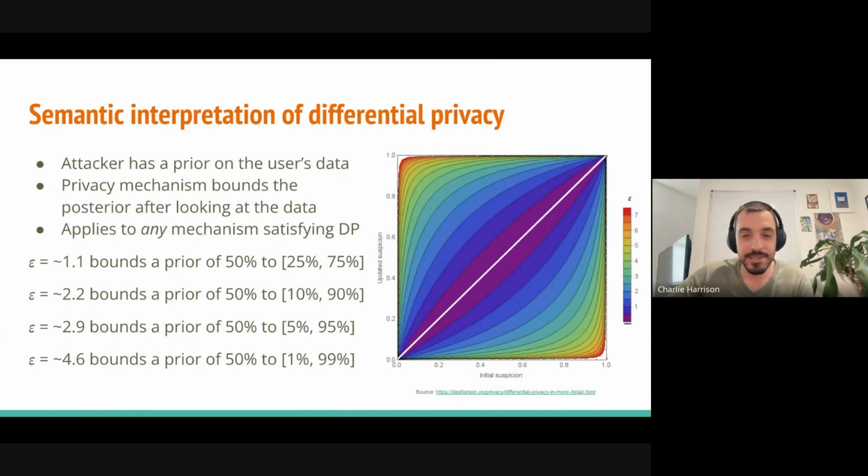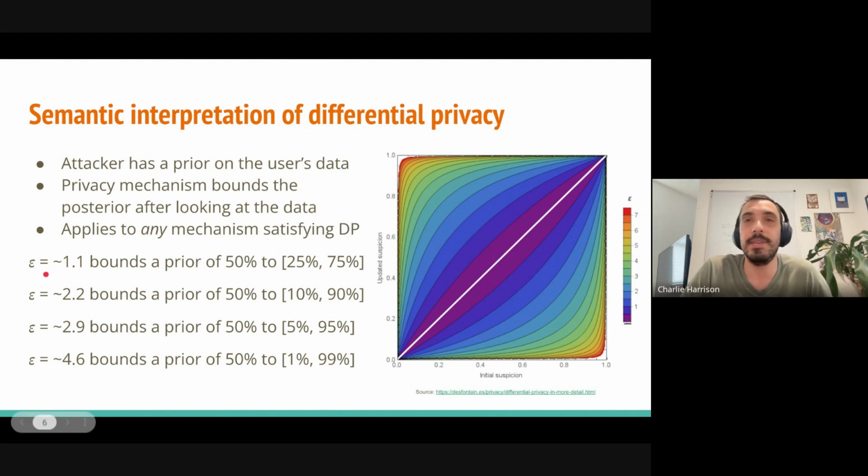Either you'll be updated higher because the data said that you did the sensitive thing, or lower if it said you didn't. The most private mechanisms will not update too far. When epsilon is low, this is the purple cold color regime, you're not straying too far from this diagonal line, whereas with higher epsilons, you're straying quite far.